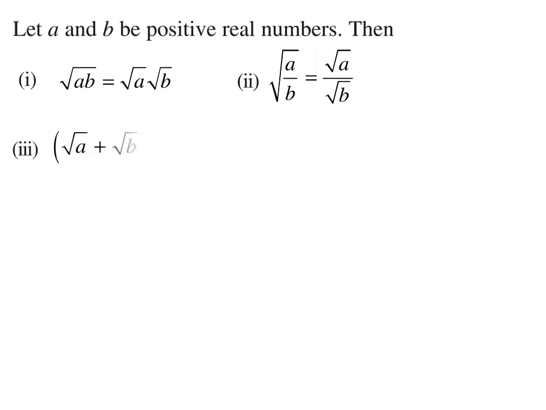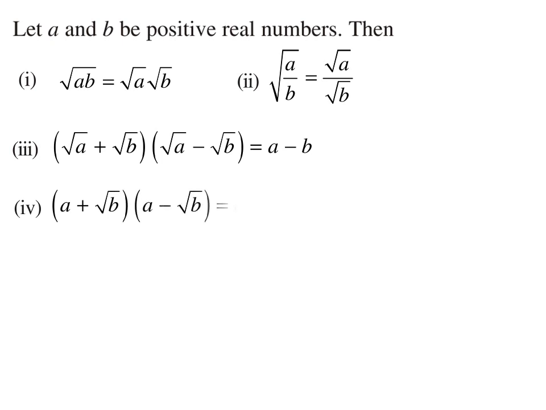Similarly, third property, root a plus root b into root a minus root b can become a minus b. Then a plus root b into a minus root b can be written as a square minus b. Similarly, root a plus b and root a minus b will become a minus b square.